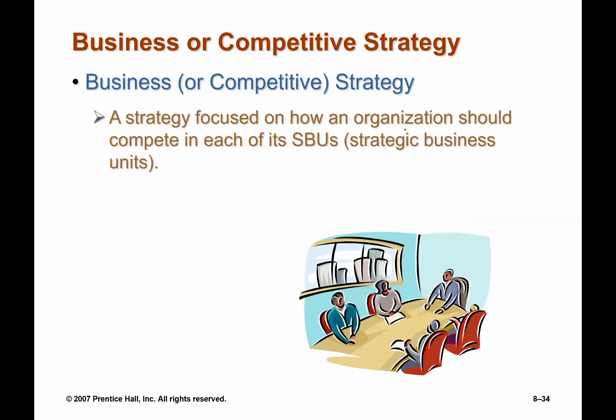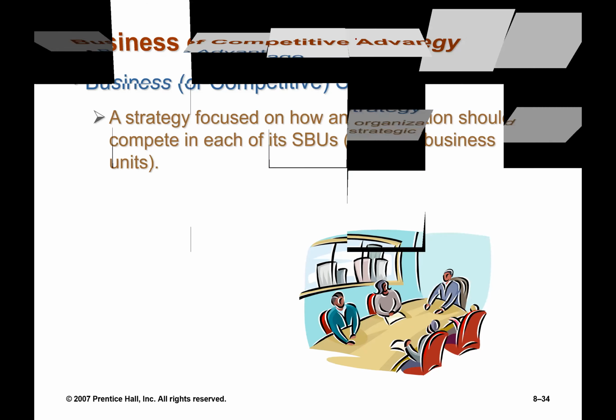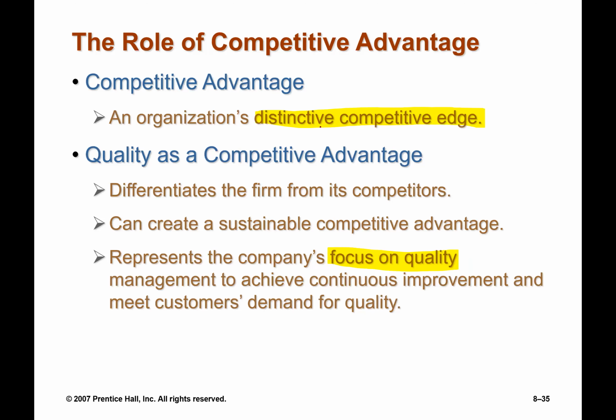Okay, and then business or competitive strategy. Some organizations rely on competitive strategy. What is the competitive strategy? Competitive strategy means the strength that you have, what we call distinct competitive edge, distinct advantages.